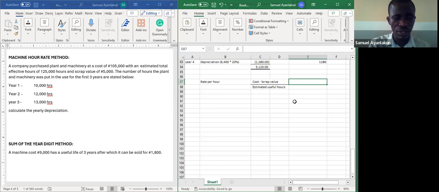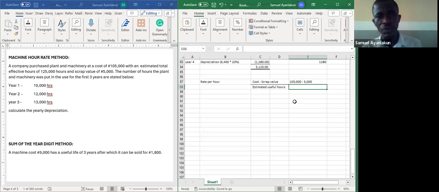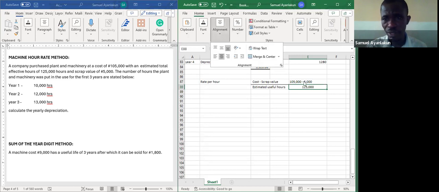Cost minus scrap value divided by estimated useful hours. What's the cost? The cost is 105,000 minus what is the scrap value? 5,000, divided by what is the estimated useful hours? If you get in the questions, 125,000. That's the estimated useful hours that we have.